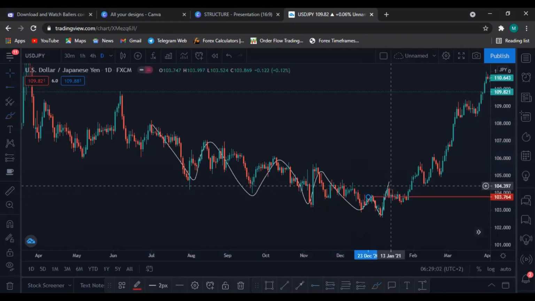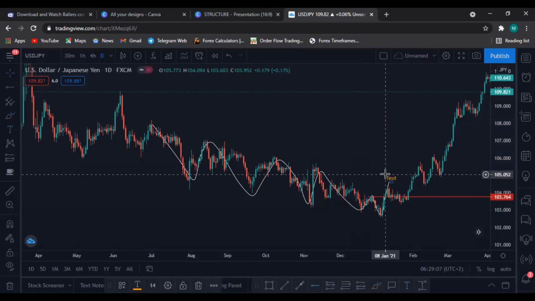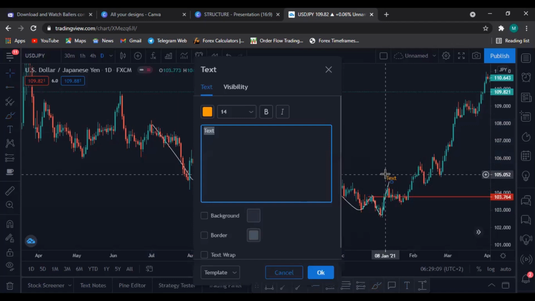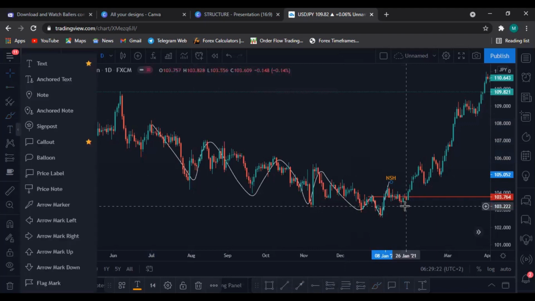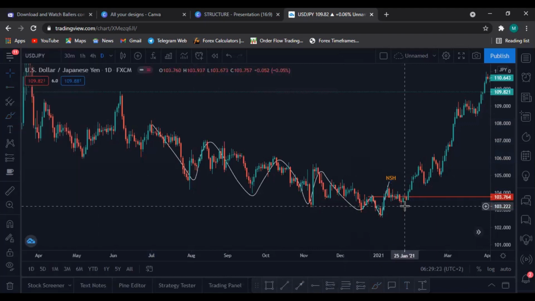And we have a new structure high there, new structure high, and a new structure high. And we are going to wait for a new structure low, which is down here.